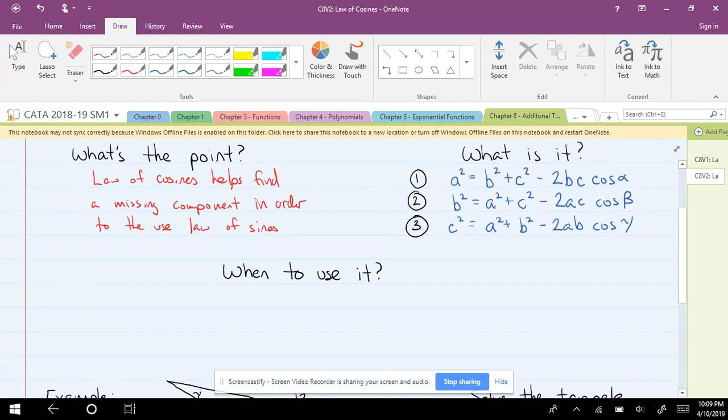So when to use it? We're going to use law of cosines when we are given information that is in a side angle side setup or a side side side setup.